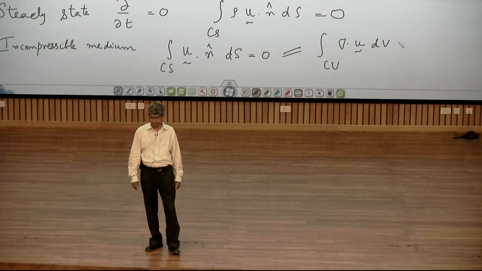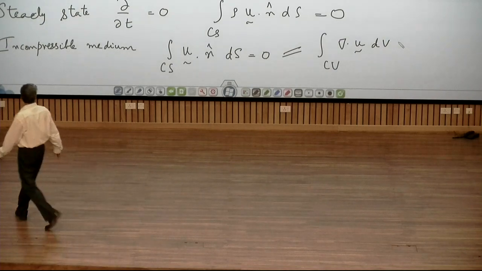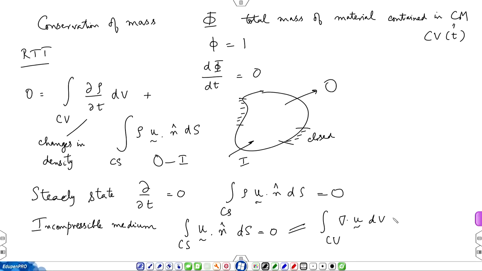Okay. That means del dot u is equal to 0. That we have gotten rid of the integral sign. So, this is now a differential equation. Okay. So, we are in our comfort zone.